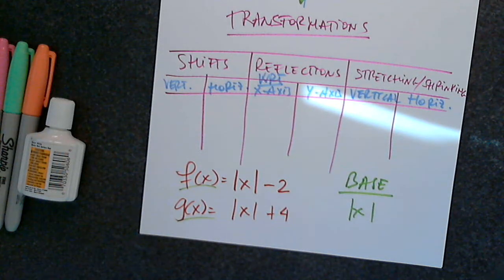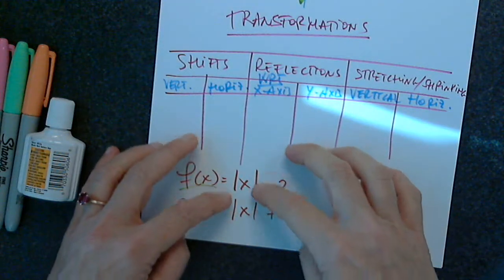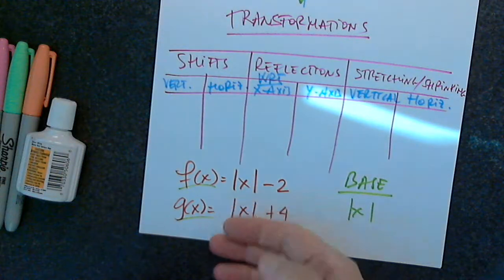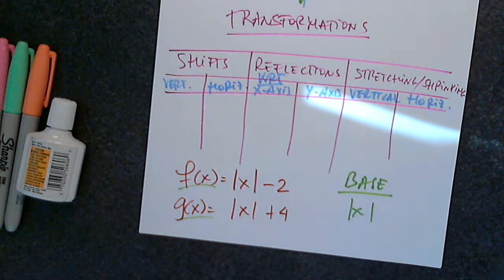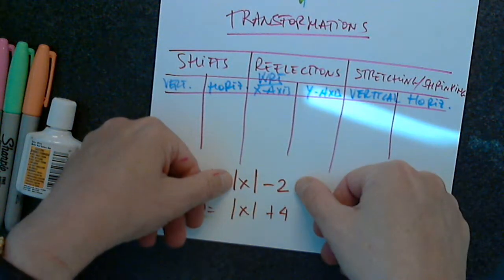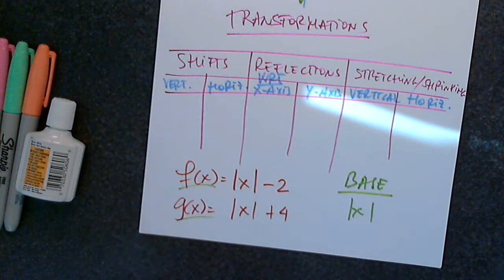Whenever we change y, of course something happens vertically, right? So after I establish or find the base function that was used for these two, or for any function, I ask myself, okay, I will compare this to this and identify whether the change is in x or the change is in y.